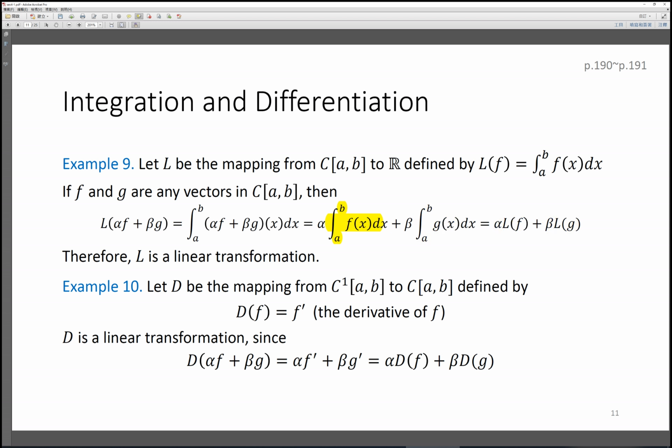So far, we have shown that L of alpha f plus beta g equals alpha L of f plus beta L of g, and this equality holds for all scalars and for all f and g in the vector space C[a,b], and therefore L is a linear transformation.